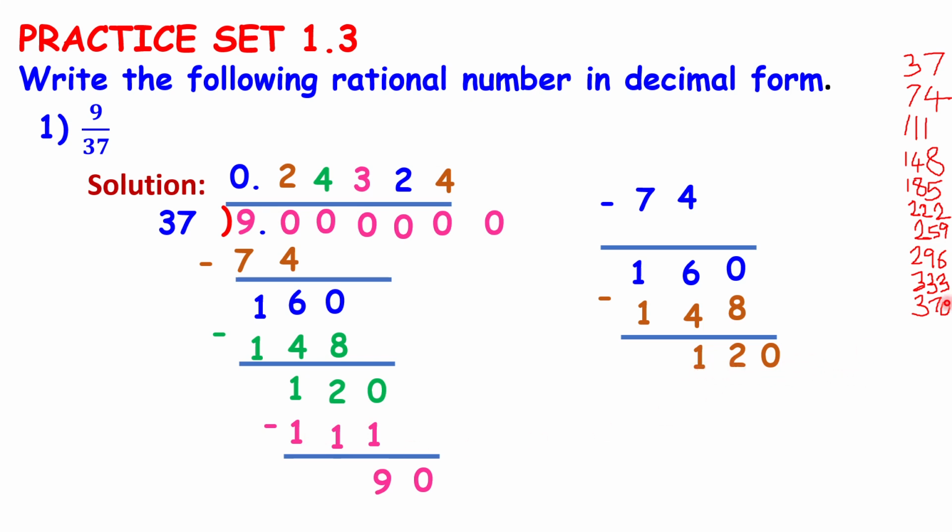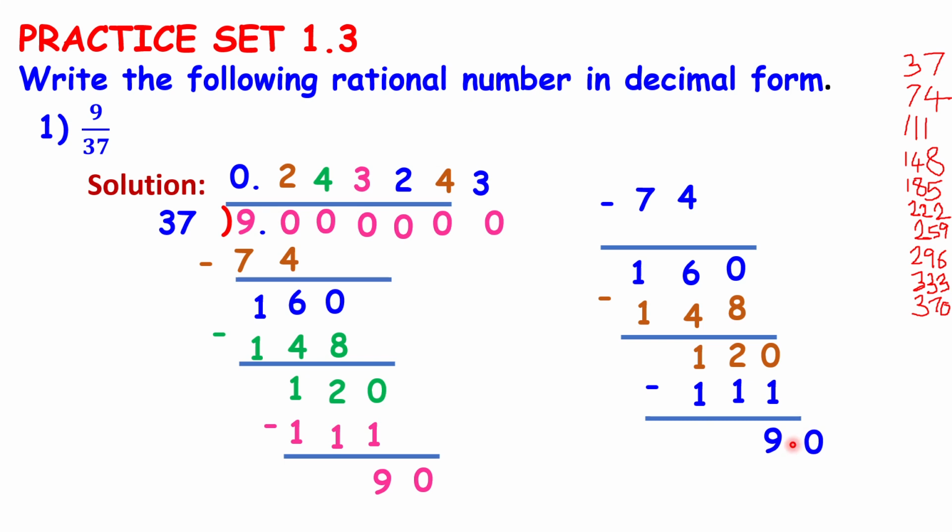The number which is smaller than 120 is 111. So 37 threes are 111. We have to write here 111. 120 minus 111: 10 minus 1 is 9. Here 1 minus 1 is 0, and 1 minus 1 is 0.